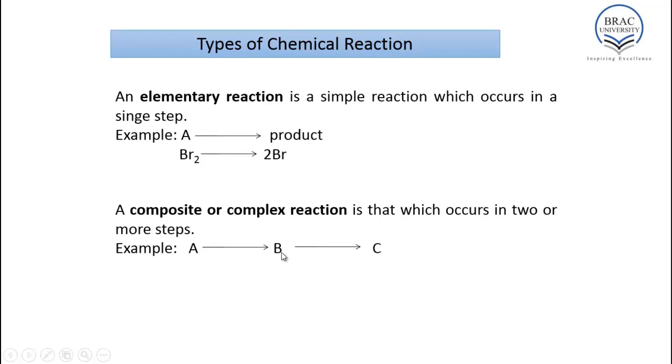A did not directly produce C; rather it first produced B, then B is converted into C. So C is produced in two different steps. That's why this is an example of a composite reaction. Here A is the reactant, C is the product, and B is the intermediate species. We will learn about intermediate species in later slides.